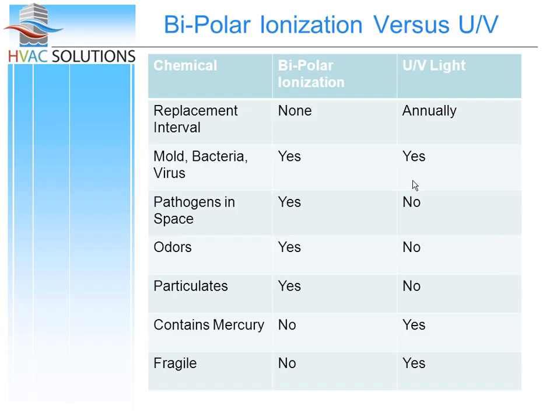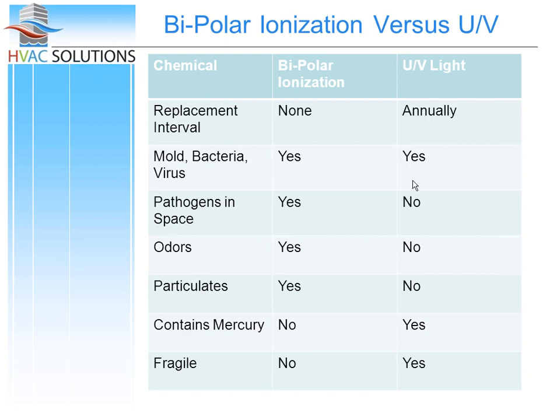When we look at UV lights, the beautiful thing is it doesn't have to be replaced. We're still killing mold, bacteria, and virus. We're not only just killing them on the coil, we're actually killing them in the space. So we're talking about the doorknobs and the desktops, where people are actually at. We're getting rid of odors.